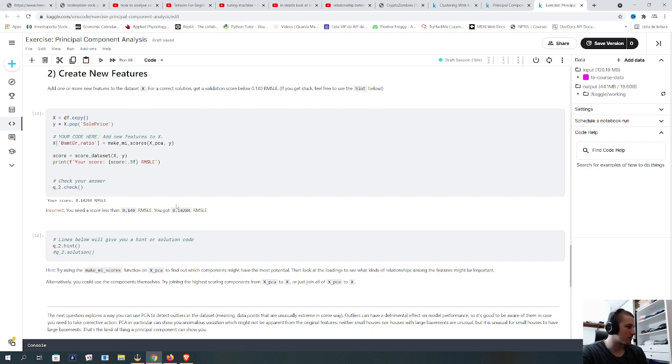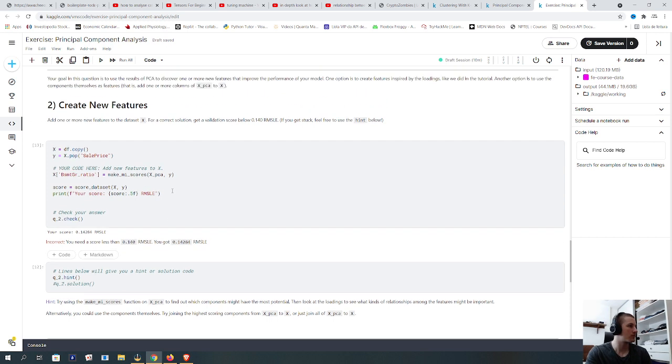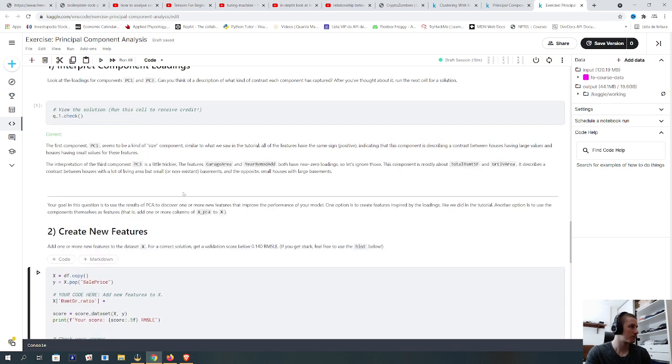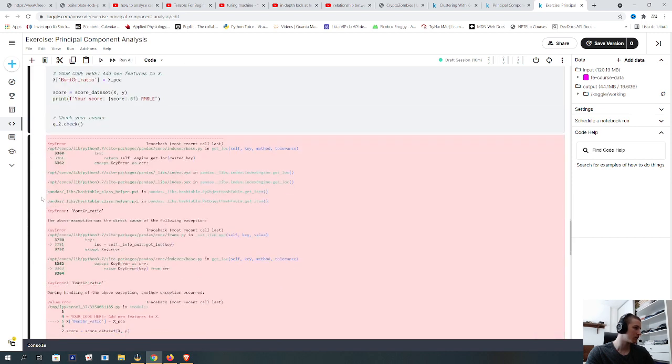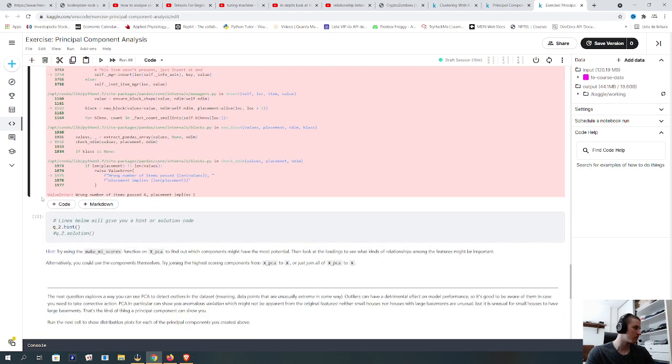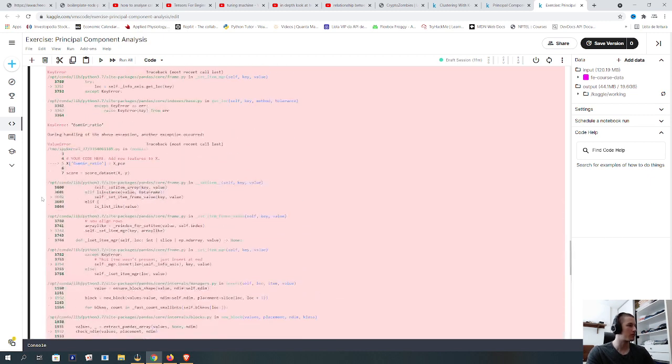Alternatively, you can use the components themselves. Try joining the highest scoring components from X_pca. Just join all of X_pca. Best so far.